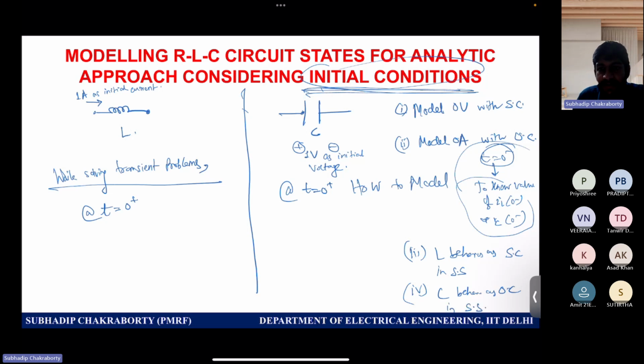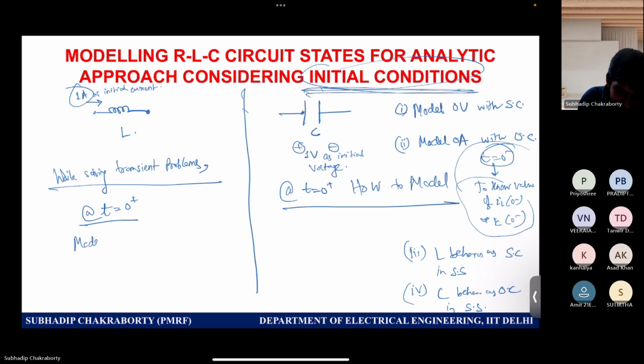Using these four analogies, you need to form the circuit and see what was the current through the inductor in the initial condition. Now, once you know that, let's say its value is 1 ampere. So how to model it at t equal to 0 plus? That is the question. So what we do, model initial currents in shunt, meaning in parallel to the inductor, with an open circuit.